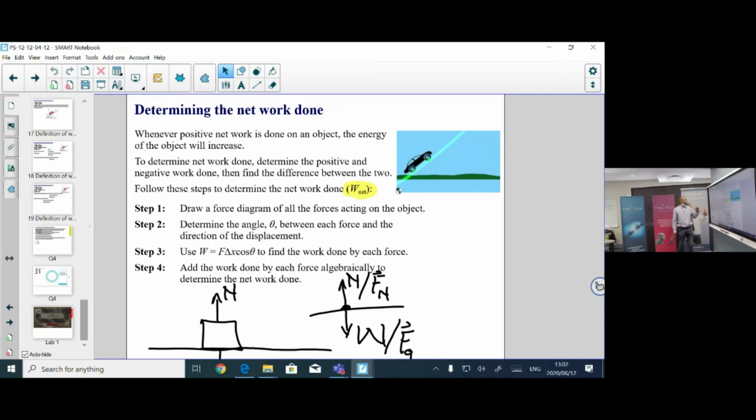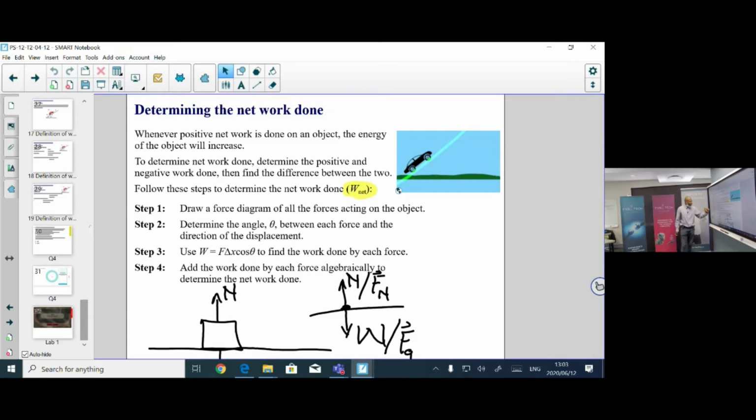We talked about steps to determine the net work done. We spoke about drawing a force diagram of all the forces that are acting on the object, which is the free body diagram. This is a recap of what we did yesterday. The angle is very, very important if we are looking at the positive and the negative.